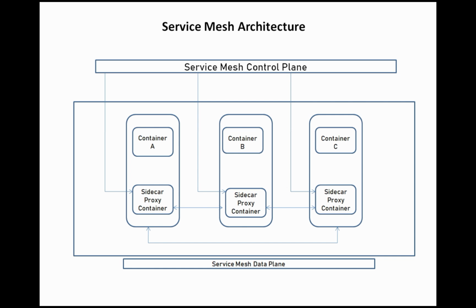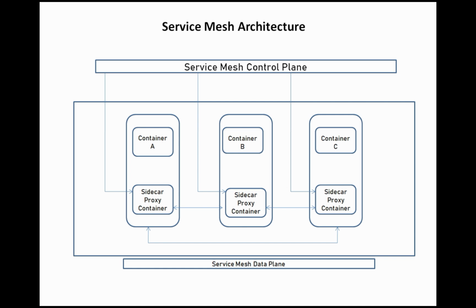All the additional separate logic he would have to put in for maintaining traffic, network security, all those things, this single sidecar proxy container will take care of, so that a developer can focus only on the application or business logic.